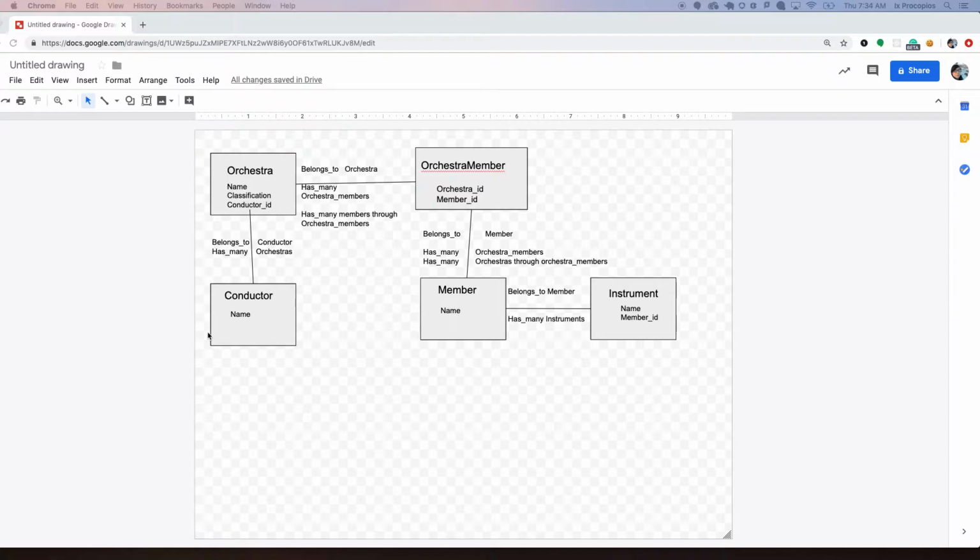So, would it make sense for a single conductor to have many orchestra IDs and need to iterate through them in order to find a specific orchestra, or would it be easier for an orchestra to have a single conductor ID and be able to access that conductor ID right away and query that conductor?